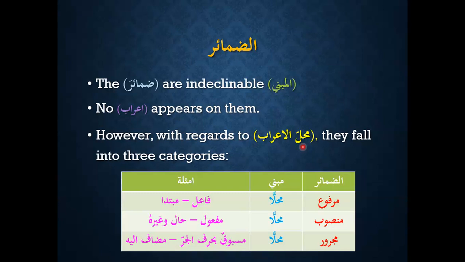They would not show the change, but in that position, had they been malleable and able to accept change, they would have shown the mansub state. So we call it mahallan. Position-wise, they are mansoob, although it's not showing. This is the term they use. And likewise majroor.